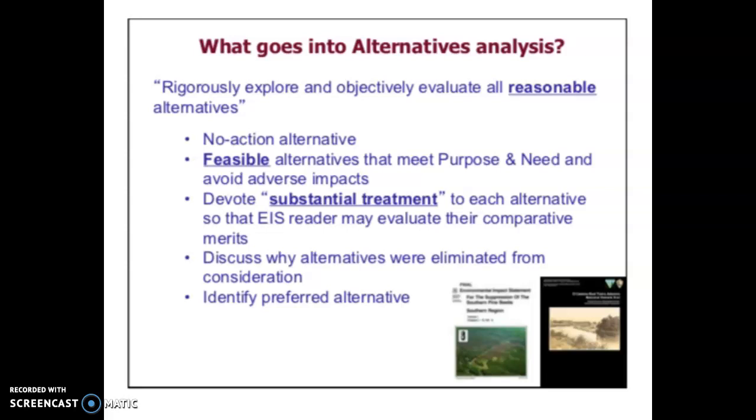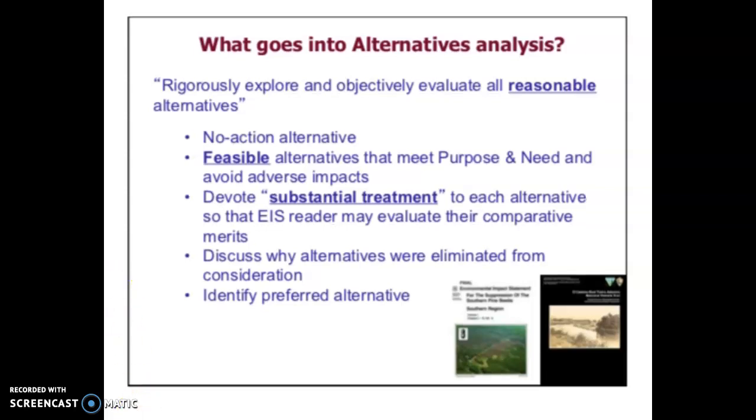So you want to devote substantial treatment to each alternative so that the EIS reader can evaluate these proposals, and discuss the process of elimination that was used along the way to eliminate different alternatives, and where it clearly identifies the preferred alternative.